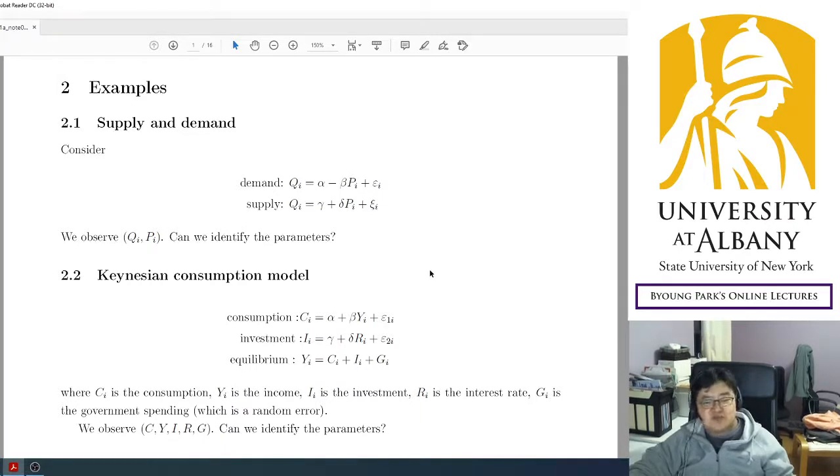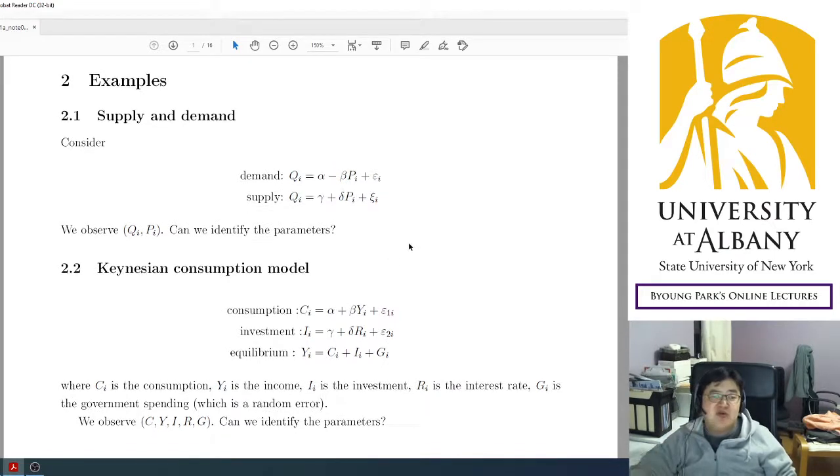Alpha, beta, gamma, delta have their own meaning. Alpha is the intercept for demand, gamma is the intercept for supply, beta and delta are elasticities. So each parameter has economic meaning, and each equation has economic meaning, and combining them, the observations are determined.